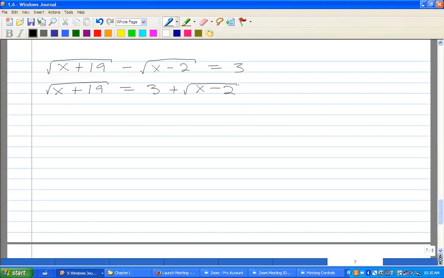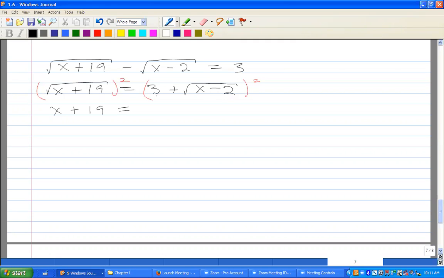Okay, so let's square both sides of my equation. Now that I've isolated one of my radicals, I can't isolate both of them on one side of my equation. By the special product formula, this is a perfect square trinomial.